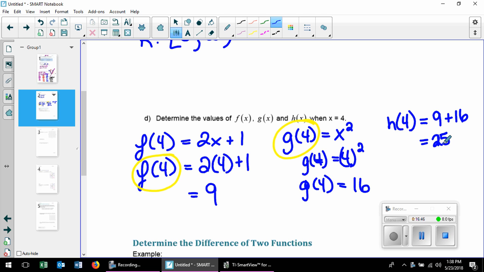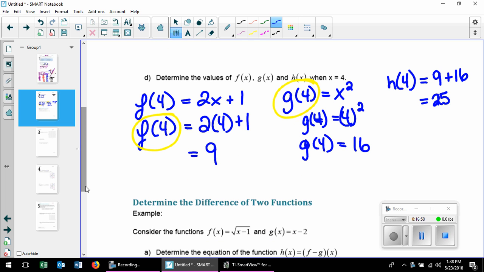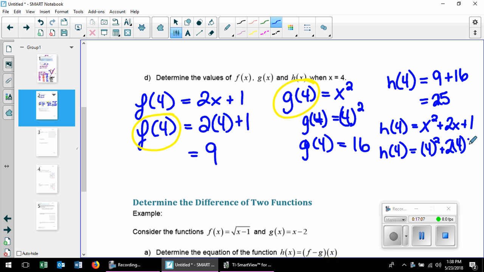I could do it that way, or I could use my formula, where h of 4 is equal to x squared plus 2x plus 1. So h of 4 is equal to 4 squared plus 2 times 4 plus 1. So I have 16 plus 8 plus 1. Guess what that also gives me? 25.